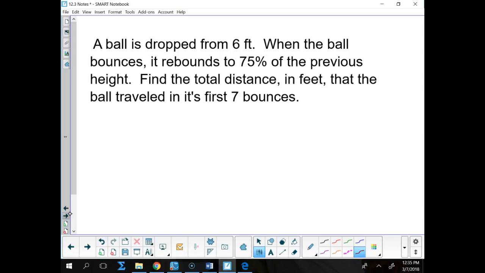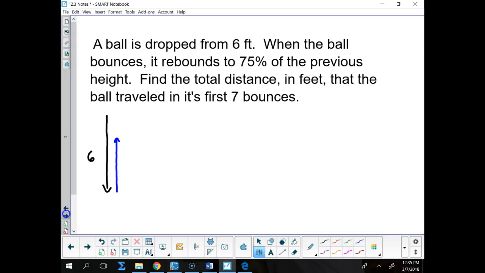So, let's map out this scenario. So the ball fell 6 feet, right? Then it comes back up to 75%, right?